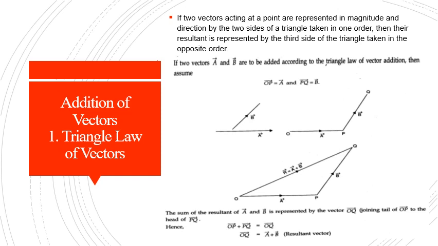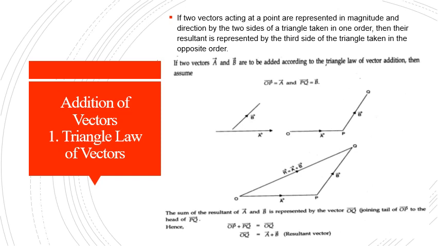So let us see this. Consider two vectors A and B. These two vectors lie in a plane as shown in figure. Look at the diagram students. Draw a vector OP equal and parallel to vector A as shown in figure.